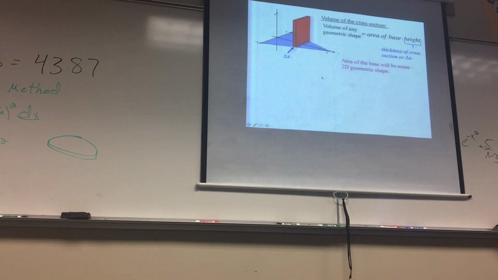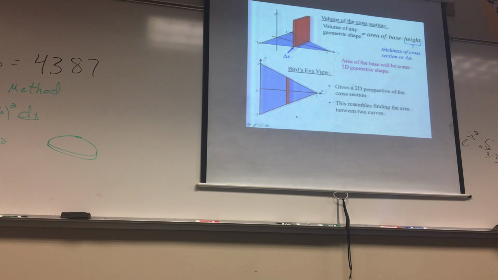Now we need the area of the base, which will be some 2D geometric shape. What will help you do that is the bird's eye view. If I look at this figure from the top down, I would see something that looks like this. There's the base of my pyramid, and here is the bottom of the square. This part right here is this piece on my 3D model. So this gives a 2D perspective of the cross section.